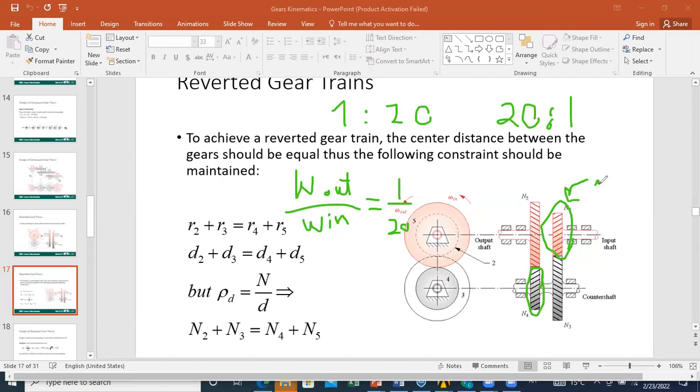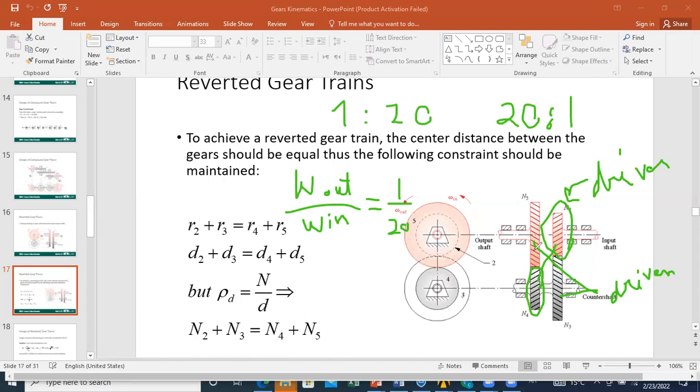You have a driver here, and the second driver is N4. Okay, 2 is driving 3 and 4 is driving 5. So if you desire to decrease the angular velocity, then your driven gears should be of bigger size, and the gears in the set will be pinions, they are the drivers. Okay, so here these are the two driven gears.